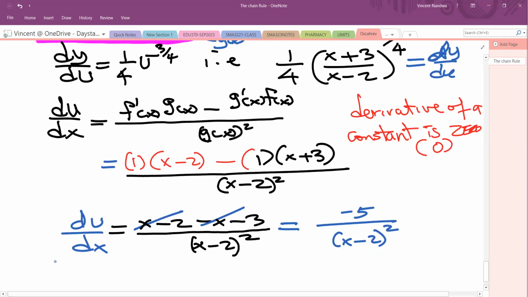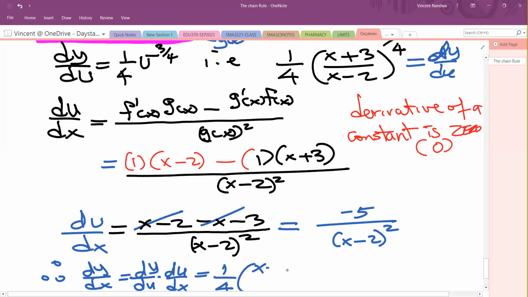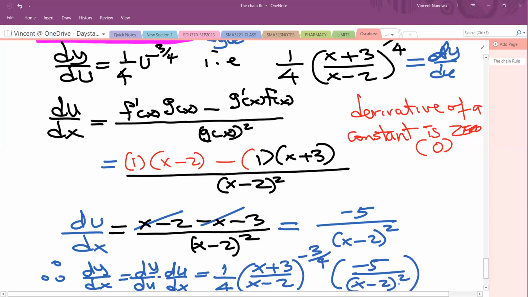So therefore, yeah, dy/dx is dy/du times du/dx. So dy/du tumepata ni 1/4 into x plus 3 over x minus 2 raised power minus 3/4. We multiply by minus 5 over x minus 2 squared. Okay? So that's what we get as our final answer.